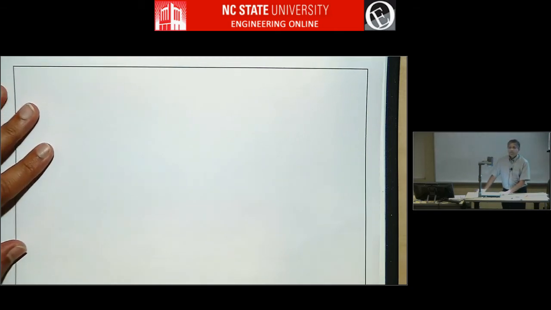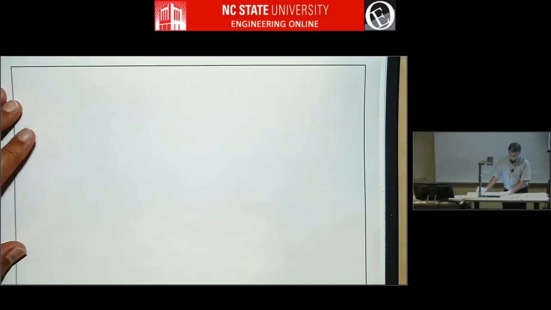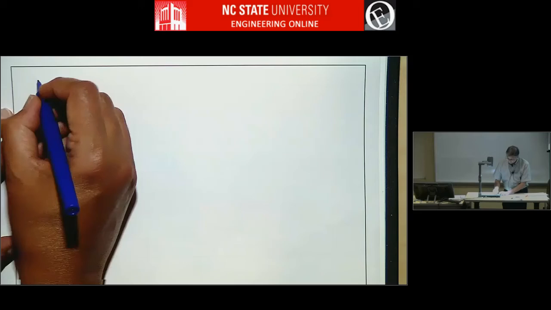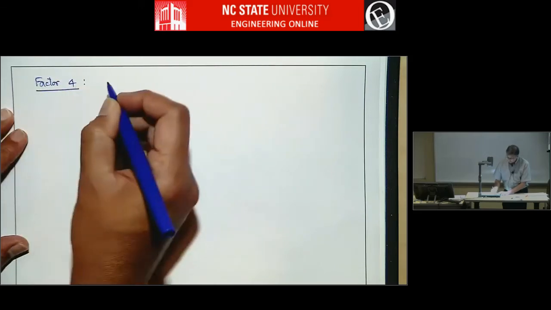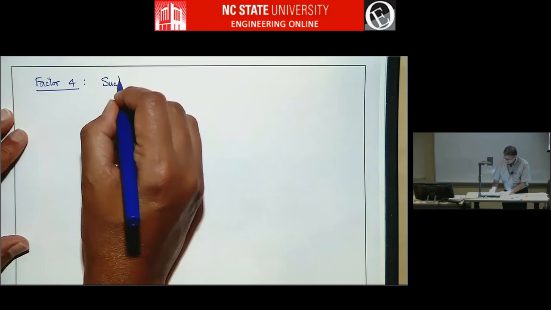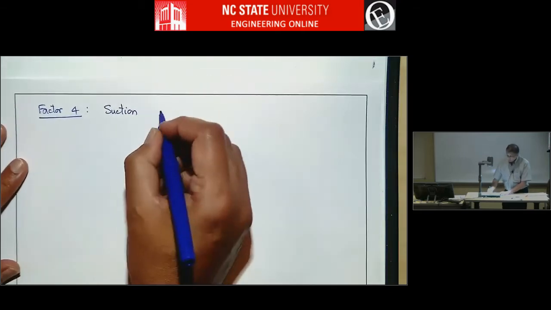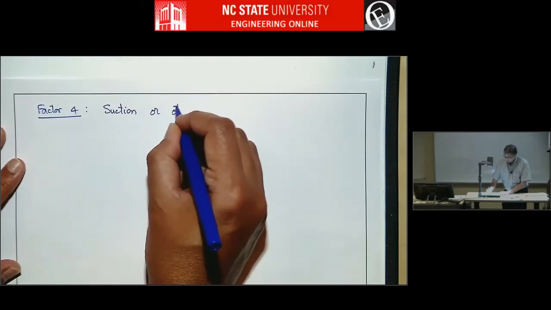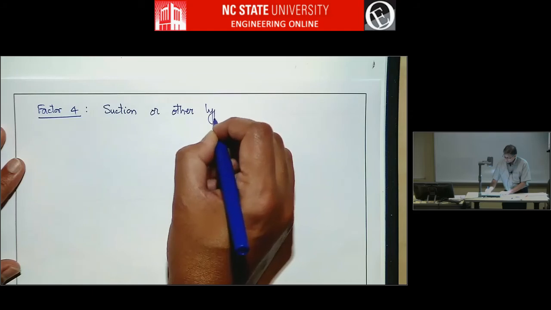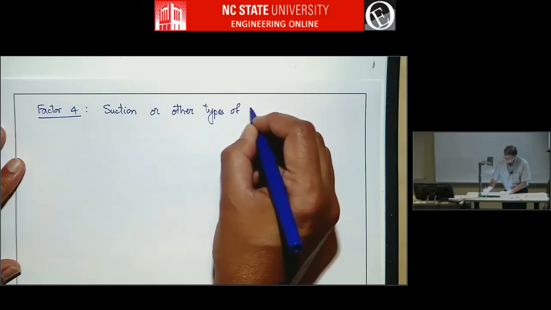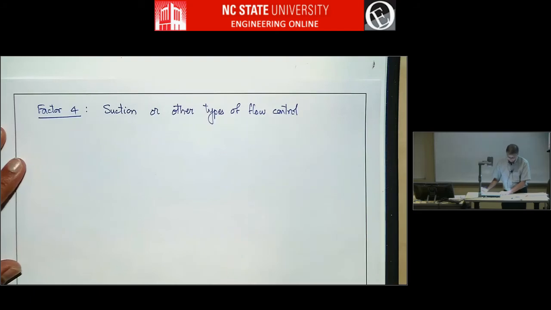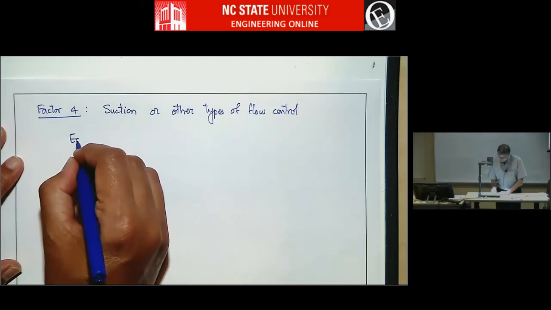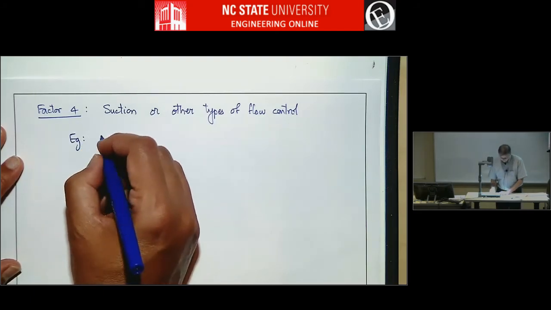And then there may be some other factors. So people have been trying for some decades, actually, if there's a way to do flow control. So you could have, for example, suction or other types of flow control. So example is active wave cancellation methods.